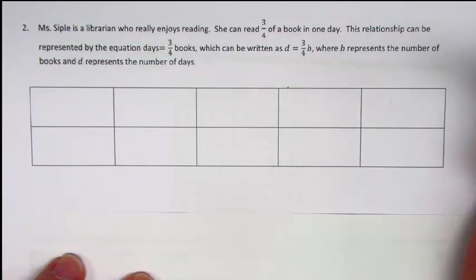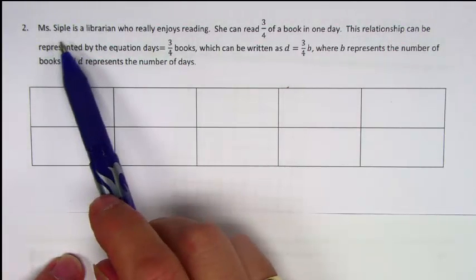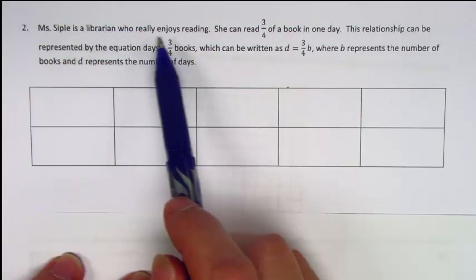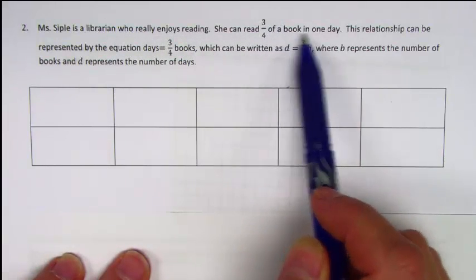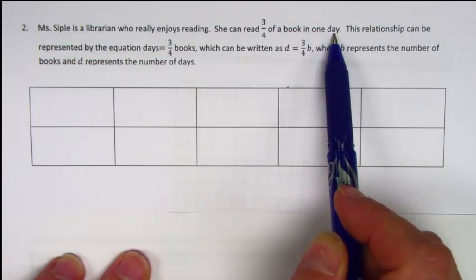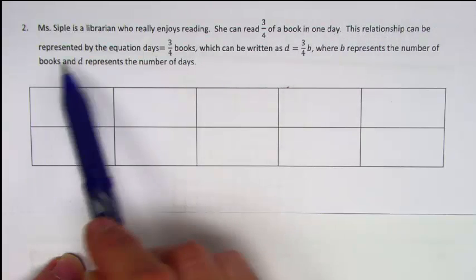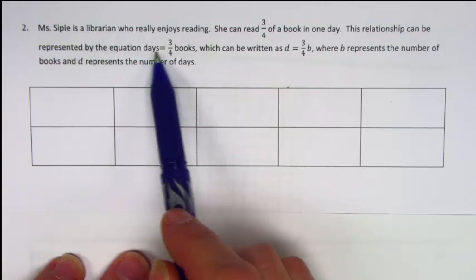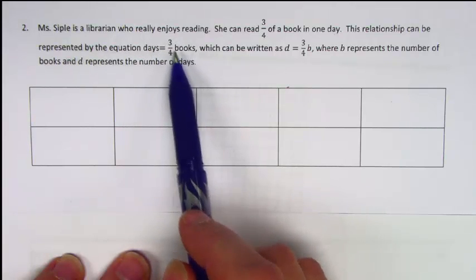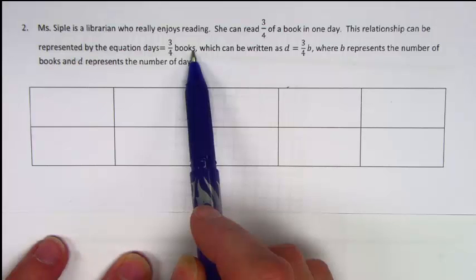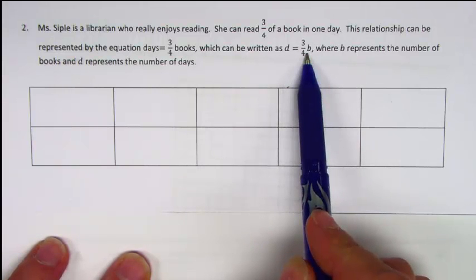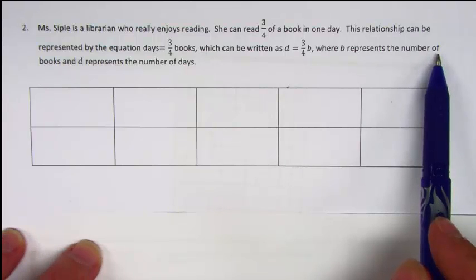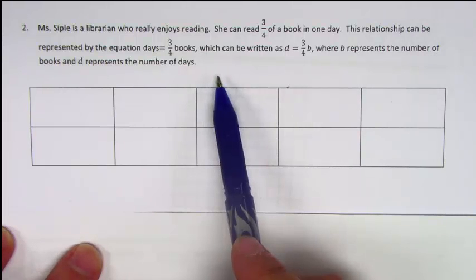Here's another example. Mrs. Sipple is a librarian who really enjoys reading. She can read 3/4 of a book in one day. This relationship can be represented by the equation days equals 3/4 times books, which we can write as D equals 3/4 times B, where B represents the number of books and D represents the number of days.